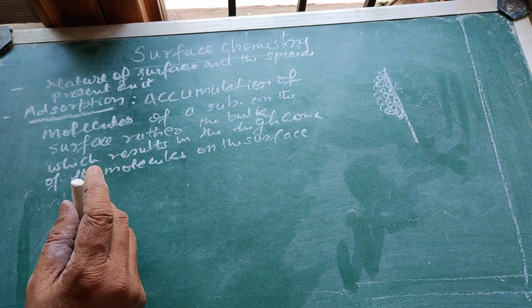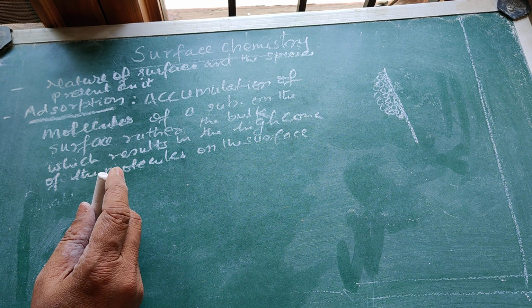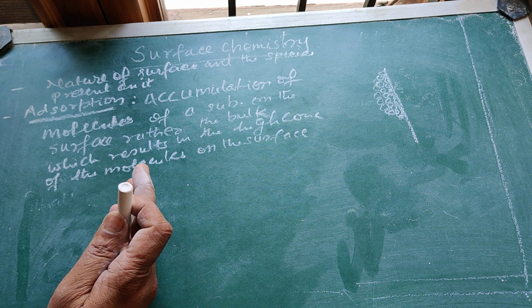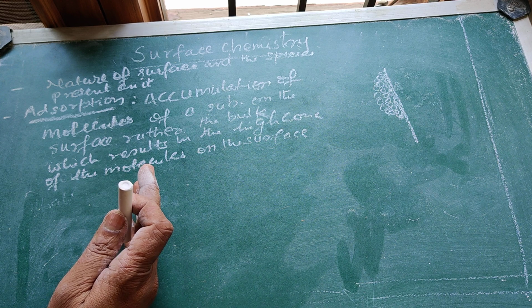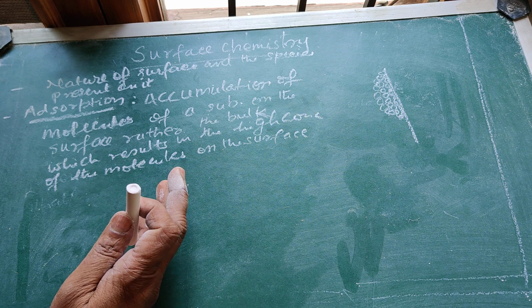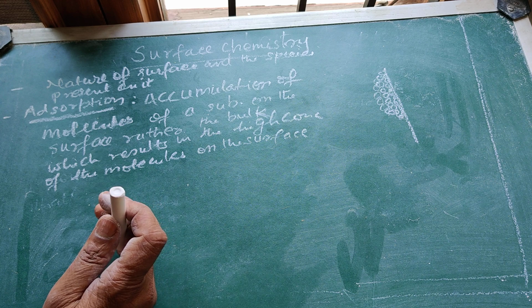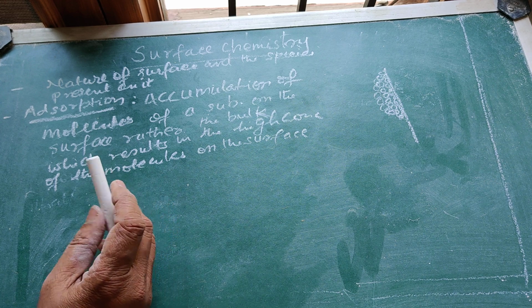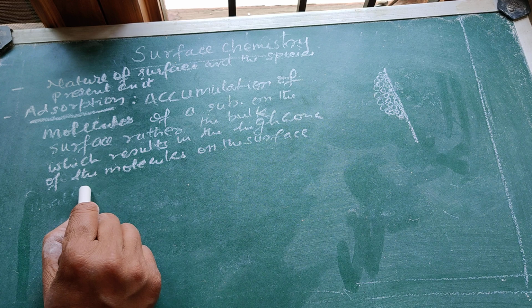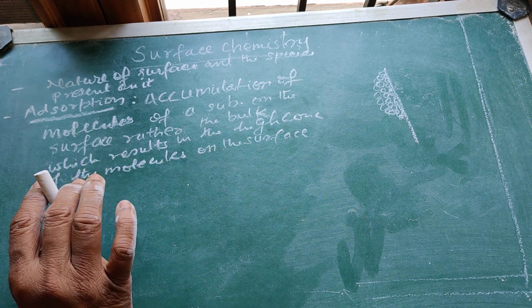Many examples are there, like powdered charcoal: gases like oxygen, hydrogen, carbon monoxide all adsorb over the charcoal.